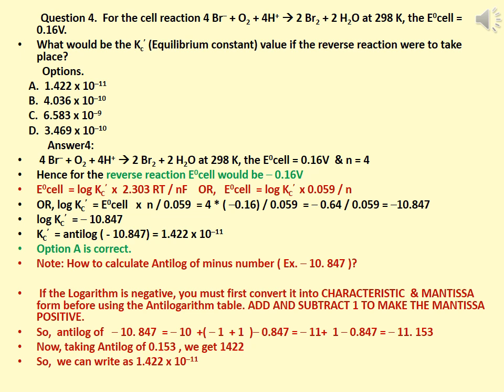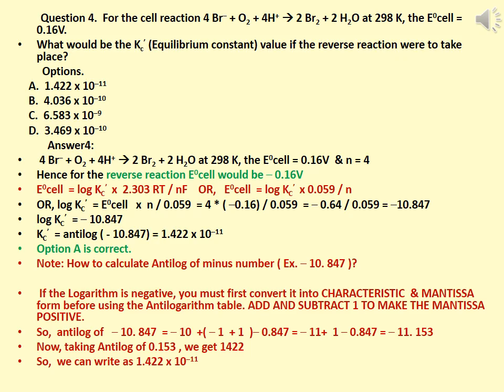First, you must convert this negative number into characteristic and mantissa form before using the anti-logarithm table. For that, you need to add and subtract 1 to make the mantissa positive. So, antilog of minus 10.847 is equal to minus 10 plus of minus 1 plus 1.